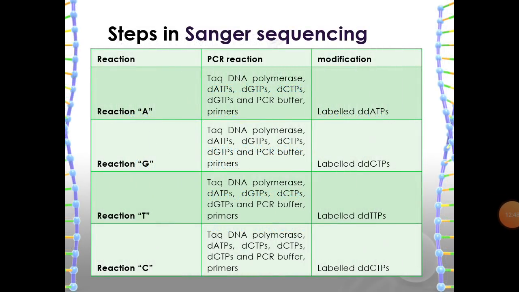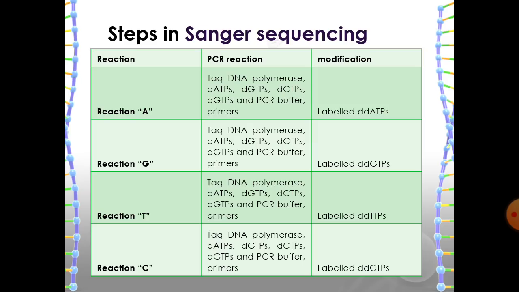Now if you see the steps in Sanger's sequencing, here the reaction is divided into 4 tubes, that is reaction A, reaction G, reaction T and reaction C. In each tube an equal amount of PCR reagents is added, plus in addition extra ddNTPs are added in all the tubes, as shown in this table.